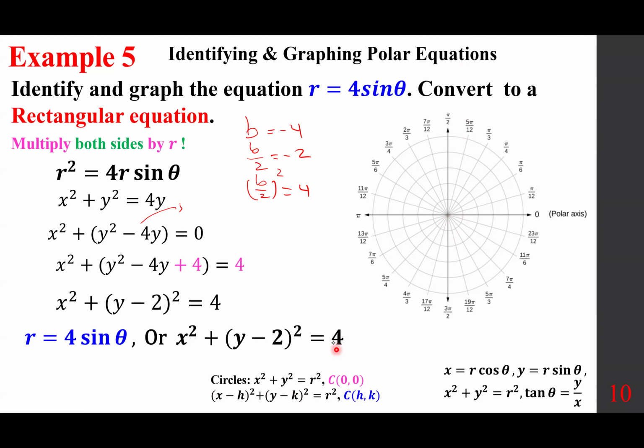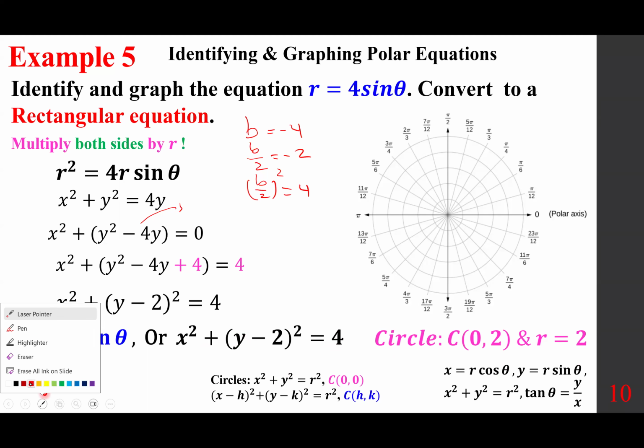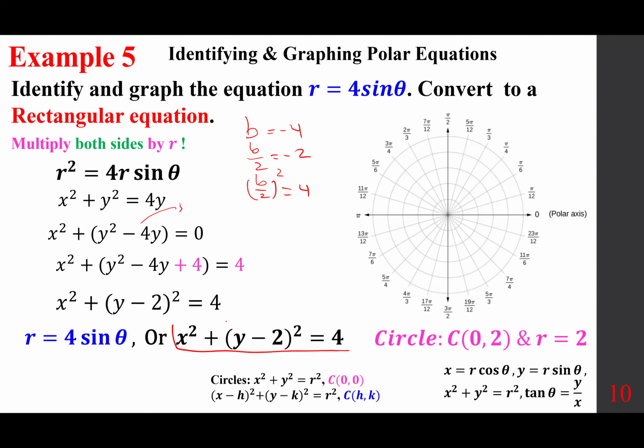And with the radius being square root of 4 or 2. So we are looking at a circle centered at 0, 2. Radius is square root of 4. We are comparing these two, okay?